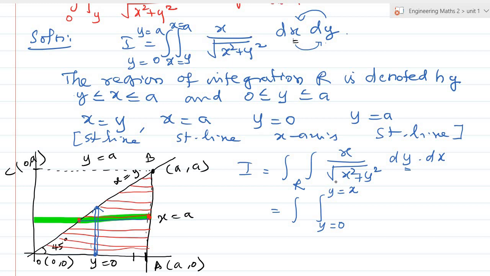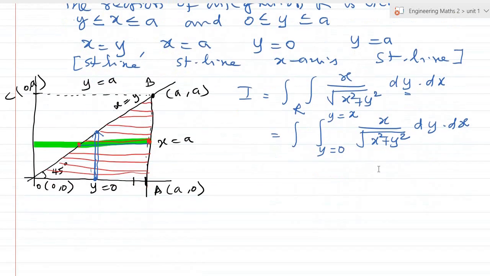Clearly you should understand that we are not changing the region, we are changing the limit in the same region. Very, very important thing is you have to identify the shape from the given problem, and then you have to identify the region. It is a very, very important procedure.